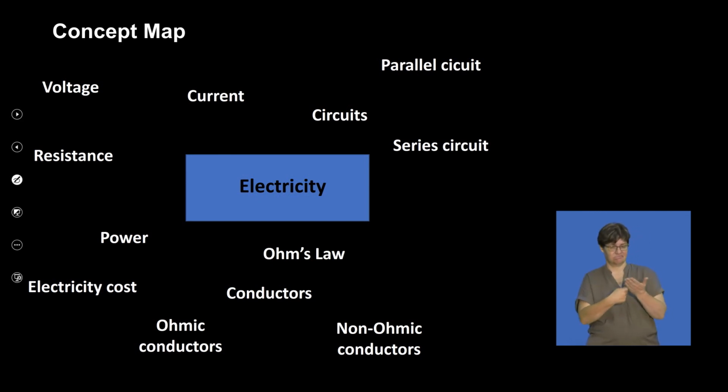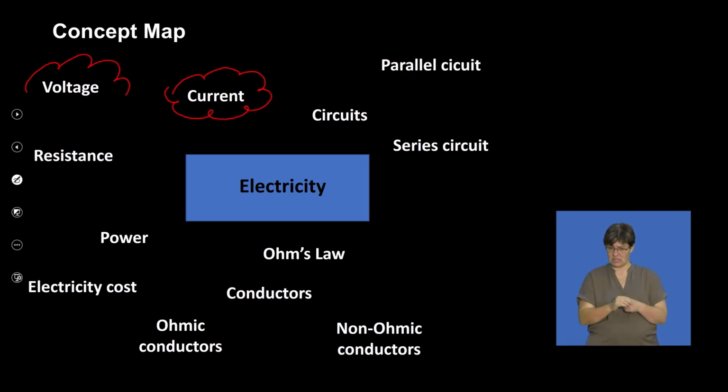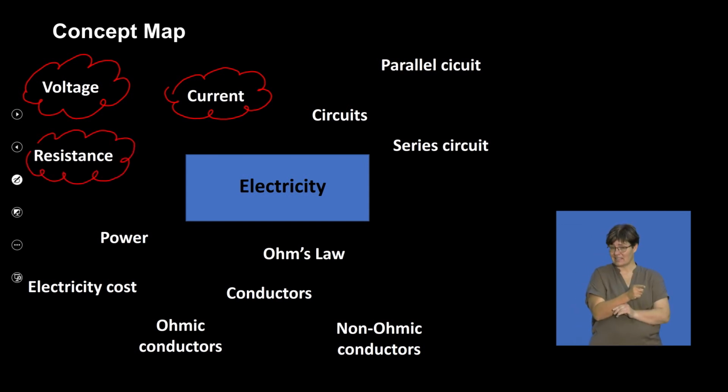In terms of pre-knowledge, we agreed that we must understand what current is all about, as well as voltage, as the quantities involved in Ohm's law. One is an independent variable, one is a dependent variable, depending on how you do the experiment. And then we said resistance is the ratio of voltage to current in any electrical circuit.